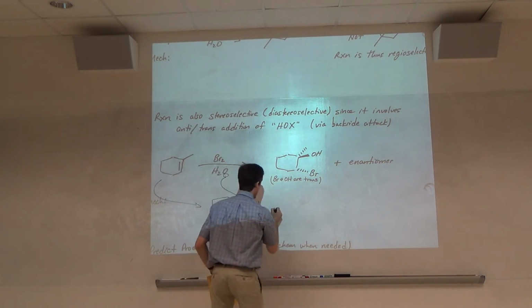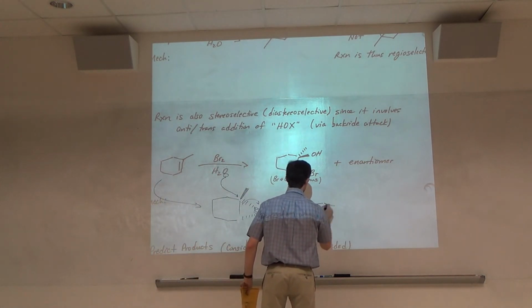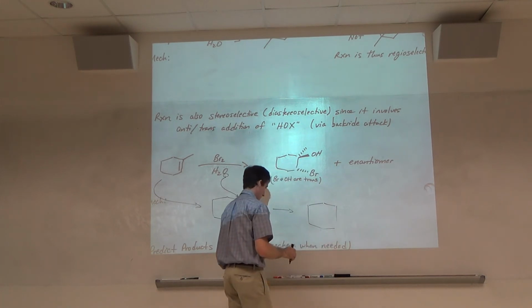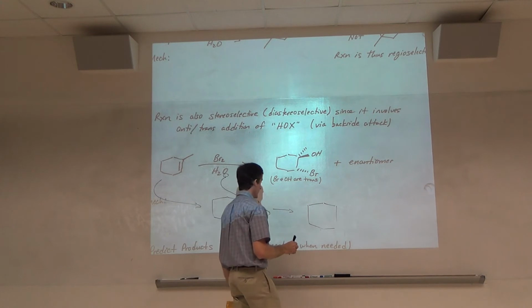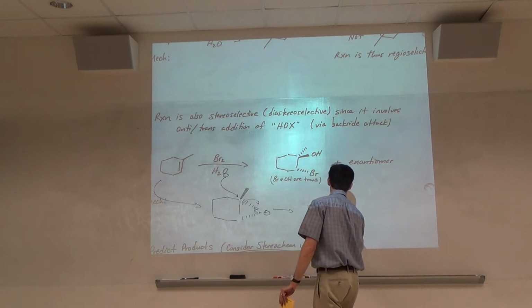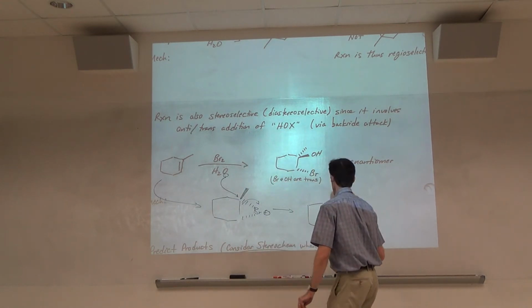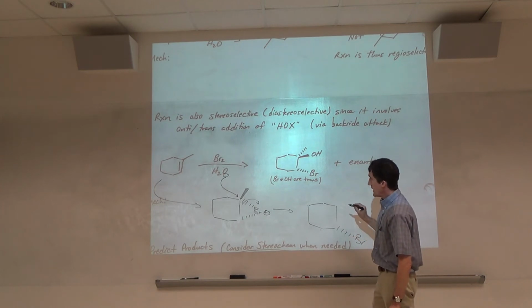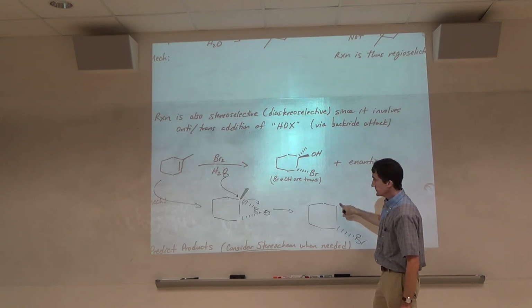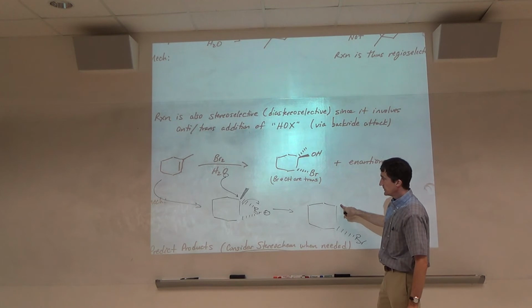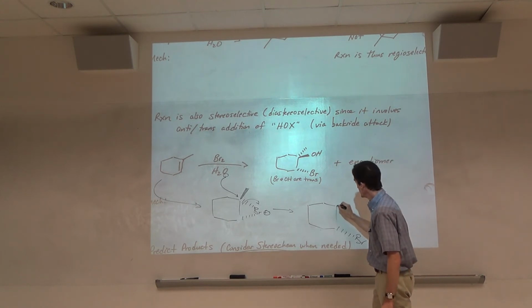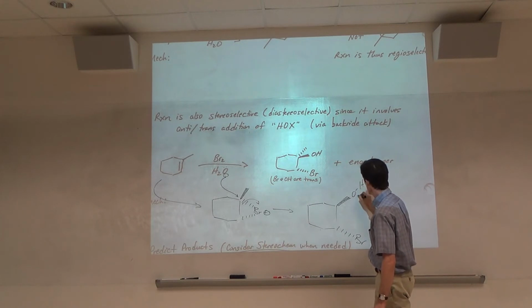So when we draw the product, Br just gets kicked off, but that bond's still the same. Up here, how's the oxygen going to be? Dashed or bold? Bold, because it came in from the front. So we got this here.